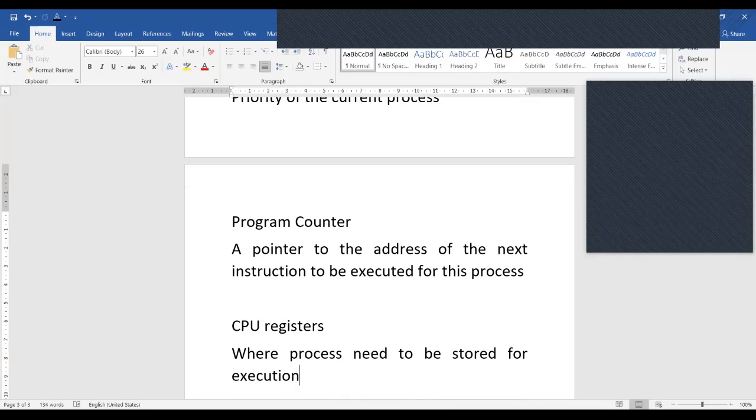This is for the running state. When a process needs to be stored for execution in the running state, that means the process is in the running state, and there are some intermediate interactions or intermediate calculations. So this is the purpose of CPU registers.